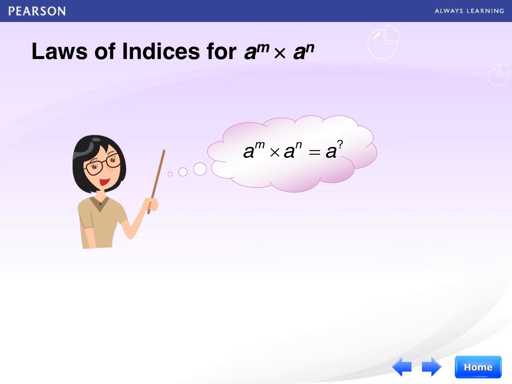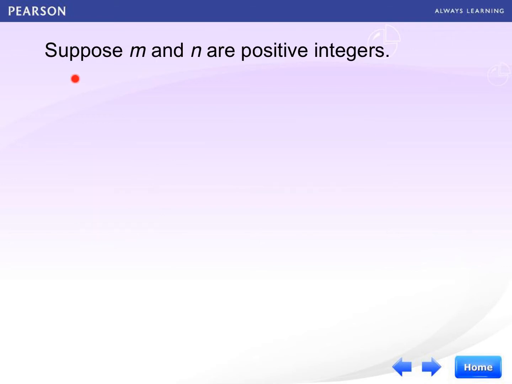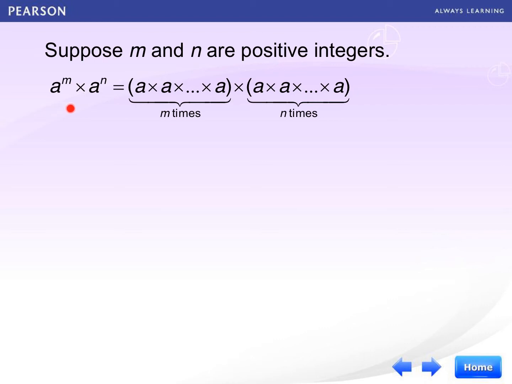Then what is a to the power m times a to the power n? What would it be? Suppose m and n are positive integers. a to the power m times a to the power n is like this. Here will be m times of a, and then there will be n times of a.